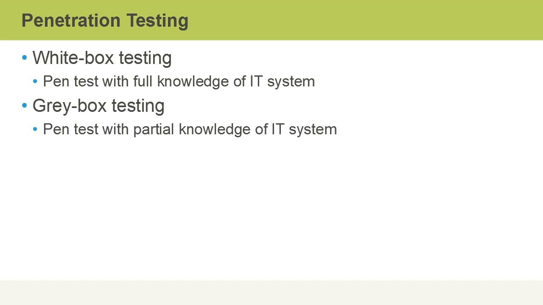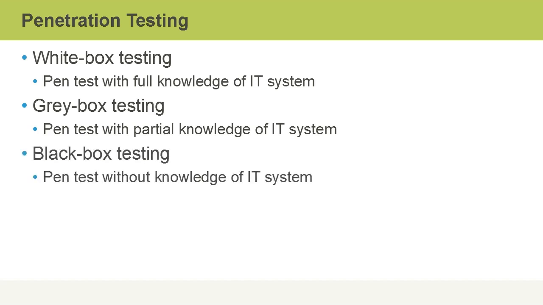That could mirror, for example, a malicious user that's done some reconnaissance and learned a little bit and inferred a little bit about how an IT system is configured. Black box testing is a pen test where there is no knowledge at all of an IT system. Now, for a hardened environment, reconnaissance might not reveal much of anything useful to an attacker.